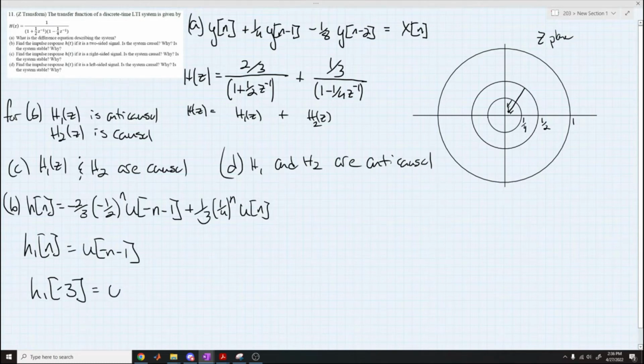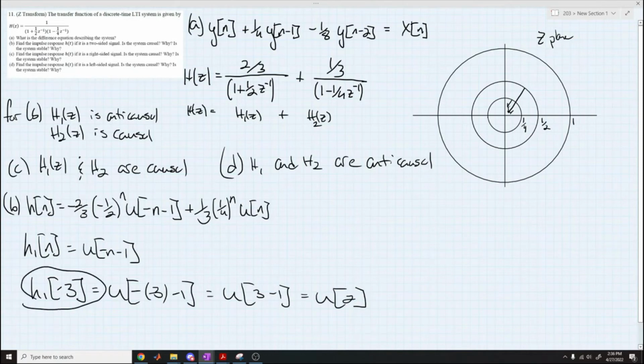Well, we get u of negative 3 minus 1, which is u of 3 minus 1, which is equal to 2. So our input at -3 depends on the future at some time n equals 2. So we know this is not causal.